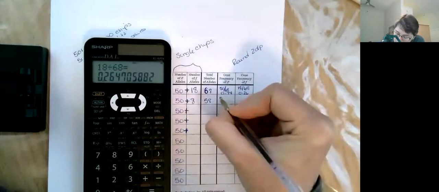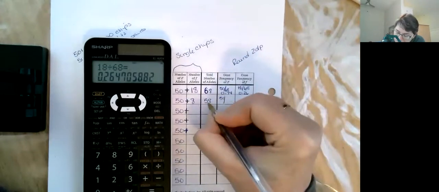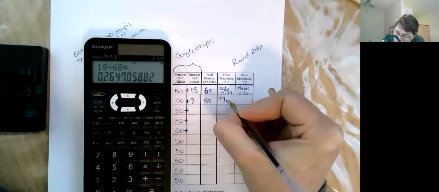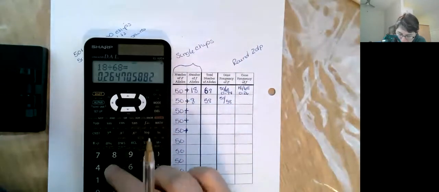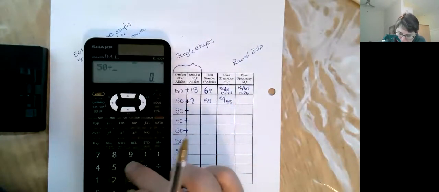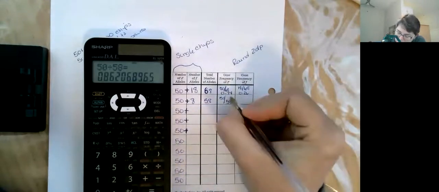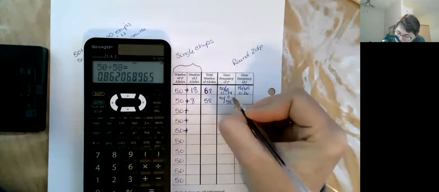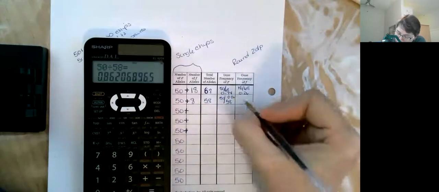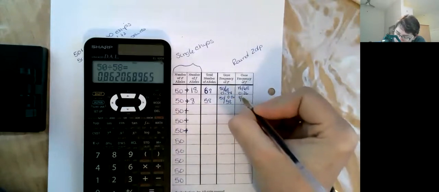All right, I'm going to try this one. If you want to try it by yourself, go ahead and do that and pause the video. All right, this is going to be 50, and now our grand total is 58. And that gives me 0.86. And this is going to be 8 out of 58.